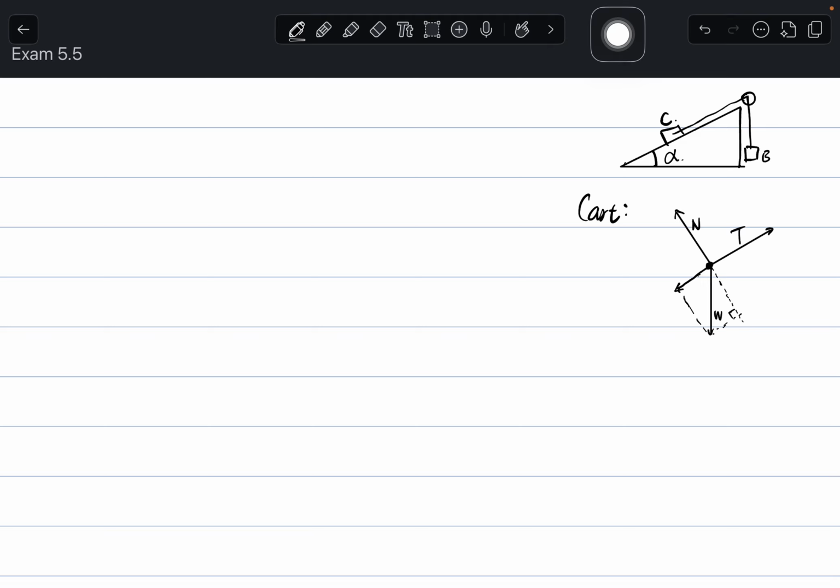We know the angle for this is alpha, and this force backwards we can call drag or friction because it's moving upwards. This force is equal to the weight times sine alpha, so it's the same as this one. So weight times sine alpha, and this is weight times sine alpha.